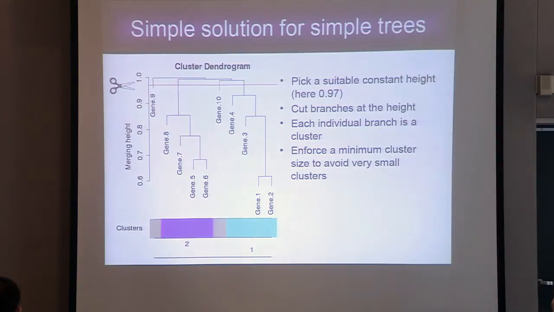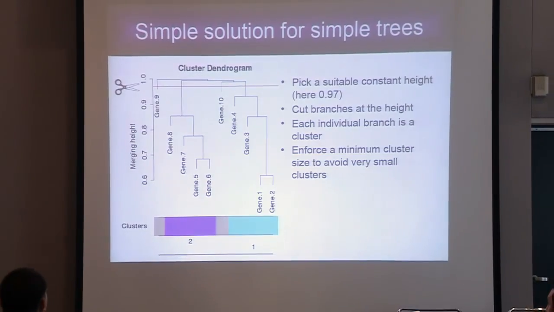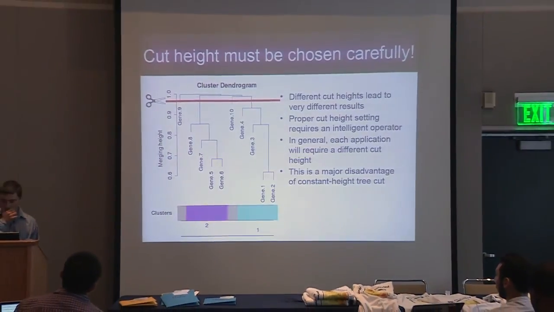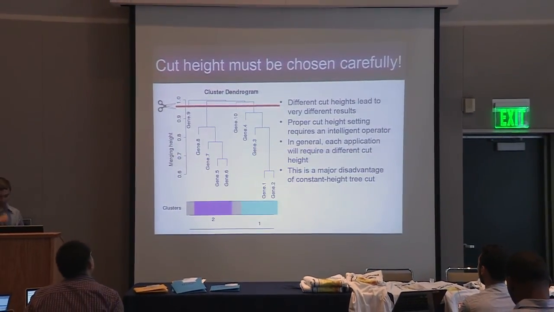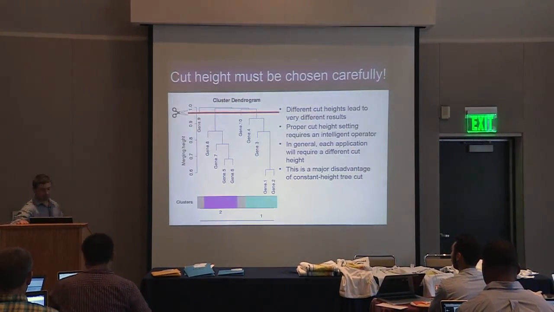So similarly in genomics, we like clusters of genes or other variables that are at least 10 or 15 or 20 members strong. So we enforce a minimum cluster size. If we see a branch like this, for example, whose size is less than the minimum cluster size, we call it unassigned.